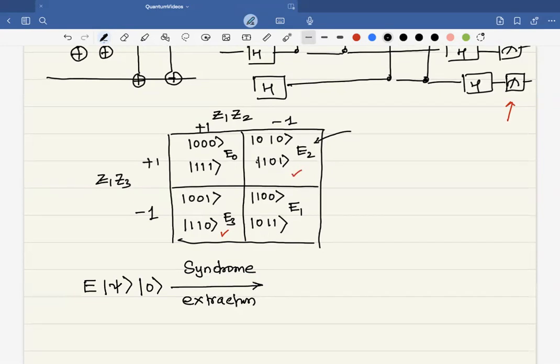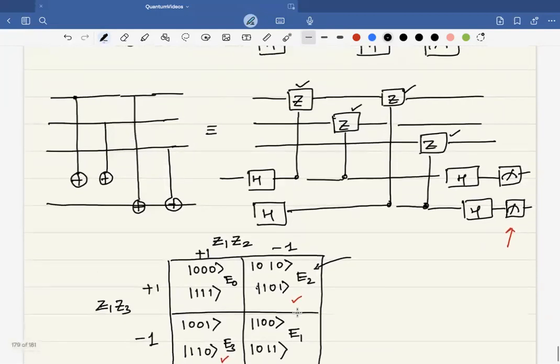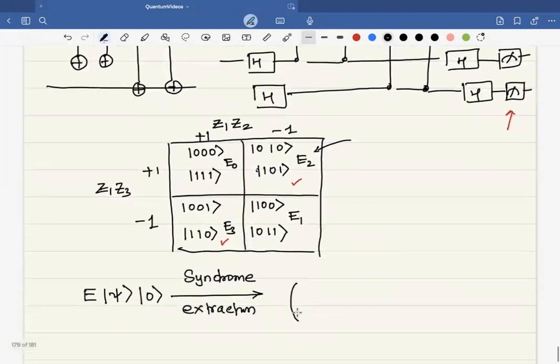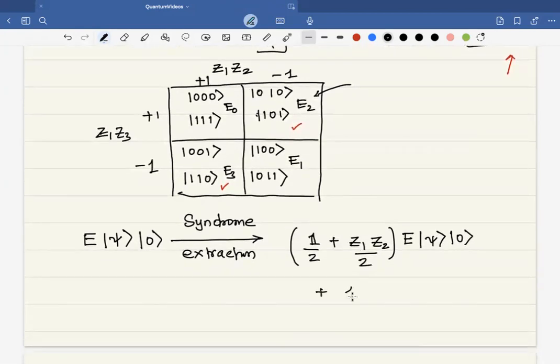Well, one can look at this circuit, the circuit that I have drawn over here. This circuit essentially acts like this. So this will be identity over 2 plus Z1, Z2 over 2. I'm just showing this for the Z1, Z2 operators, and similarly it will be the case for the Z1, Z3 operators. So this will go over here, plus identity over 2 minus Z1, Z2 over 2, acting on E psi 1.